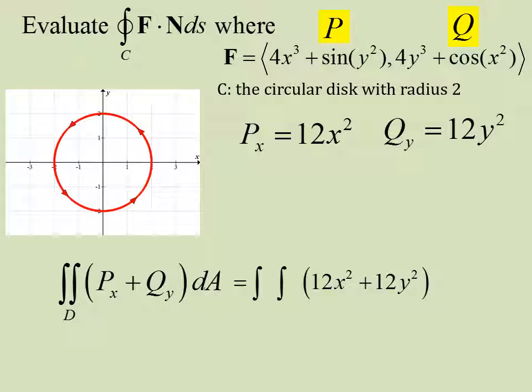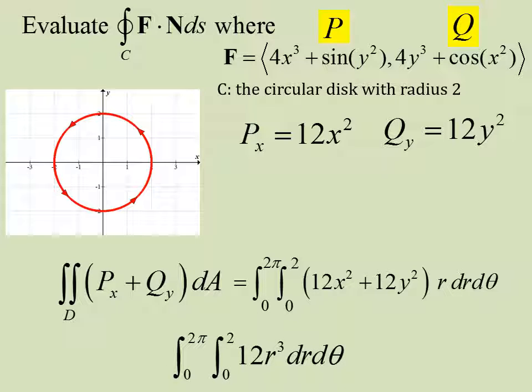Now again, to describe this region, we would best do it in polar coordinates by letting r go 0 to 2 and theta 0 to 2 pi. So here is the flux integral evaluated using Green's theorem.